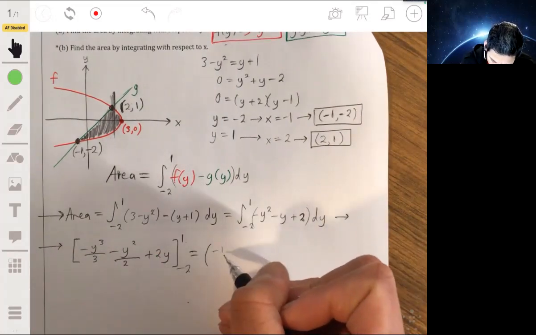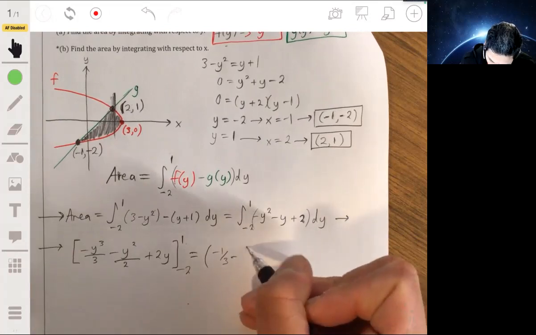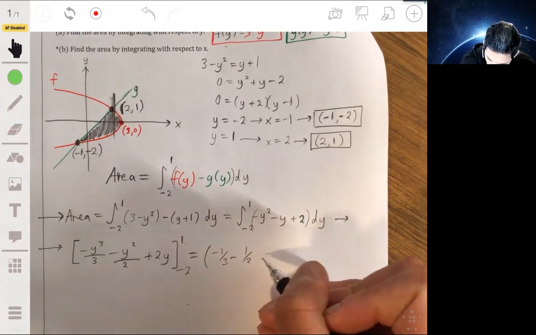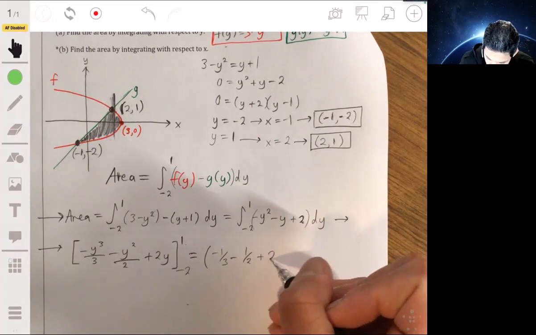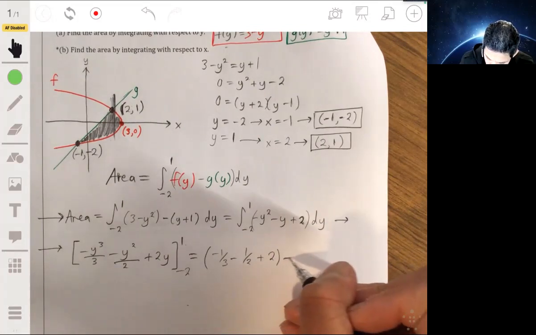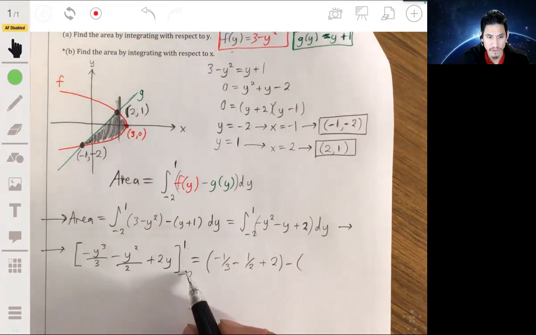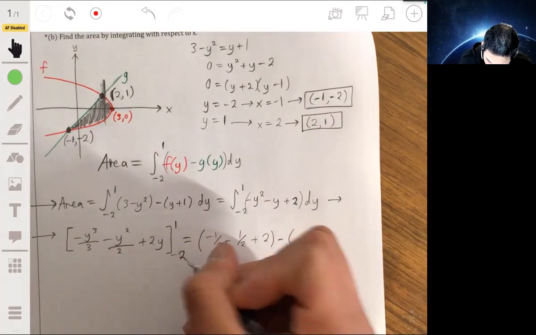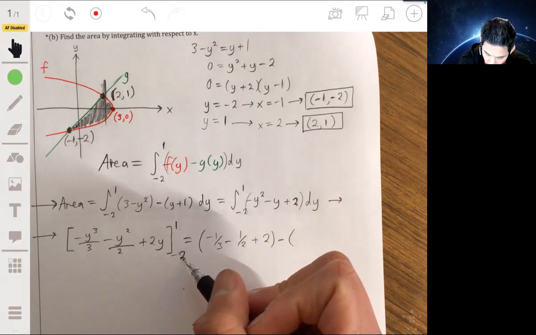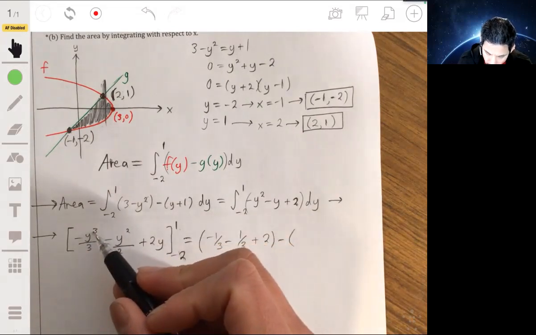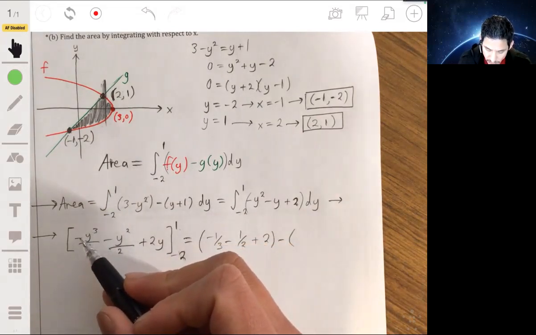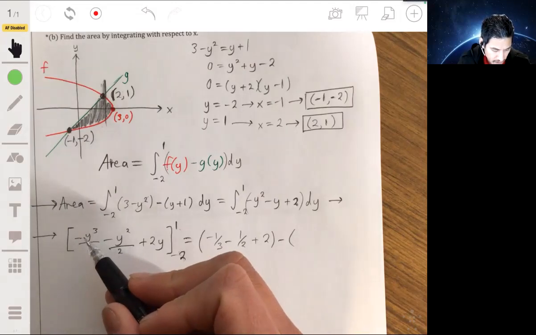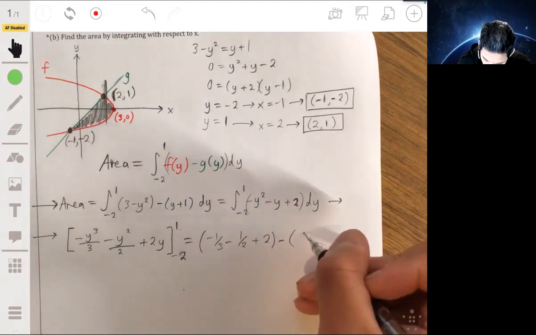So negative 1/3 minus 1/2 plus 2 times 1, or just plus 2, minus, now we plug in -2. So -2 cubed is -8, and -1 times -8 will just be 8.